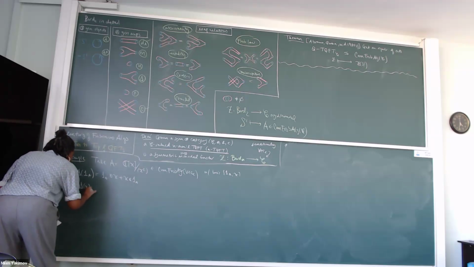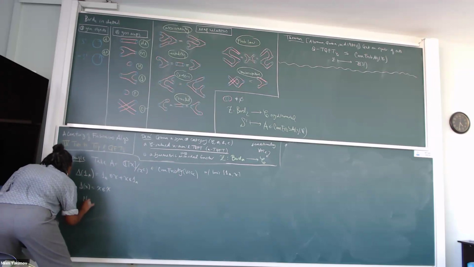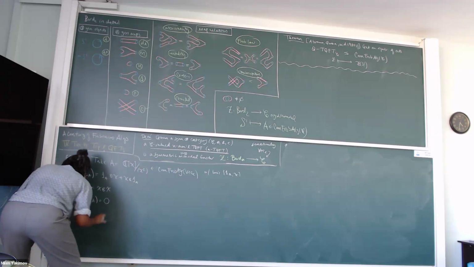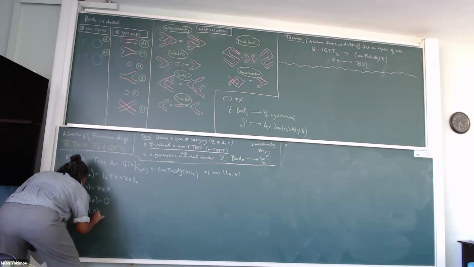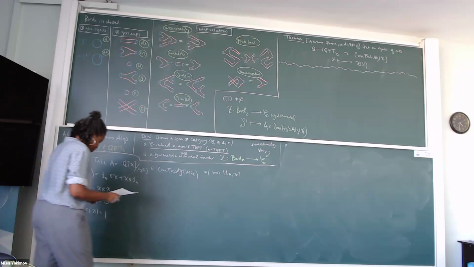Delta sends x to x tensor x. And the co-unit sends 1 to 0 and it sends x to 1. So that is the Frobenius structure.